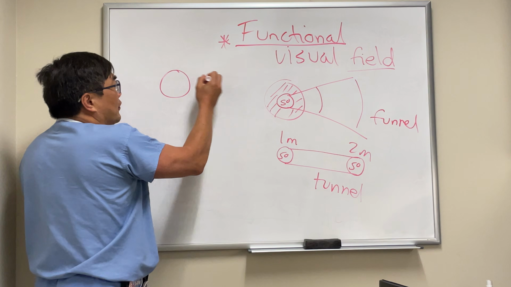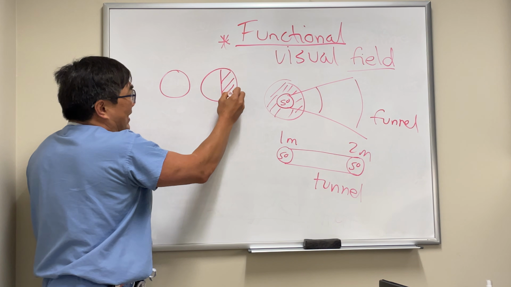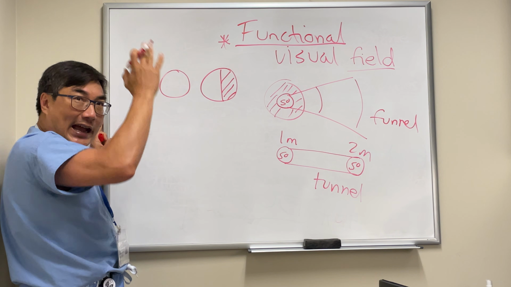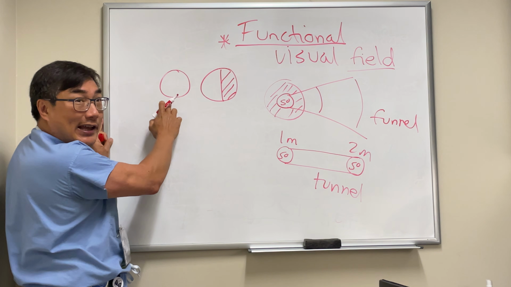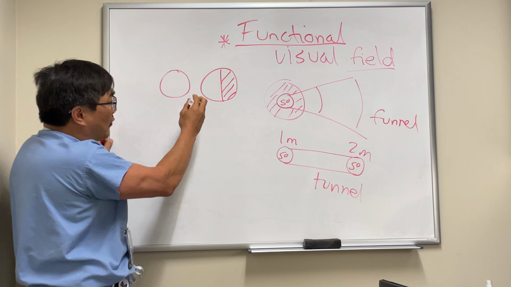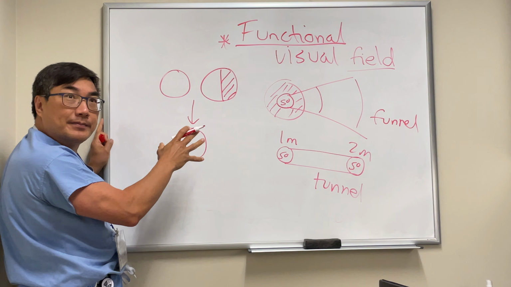The other functional visual field defect that you might encounter is a monocular hemianopic field, where the person claims they only can see half of one eye. Now the other eye has to be normal to test this functional visual field defect. What you're going to do is test the same field with both eyes open.